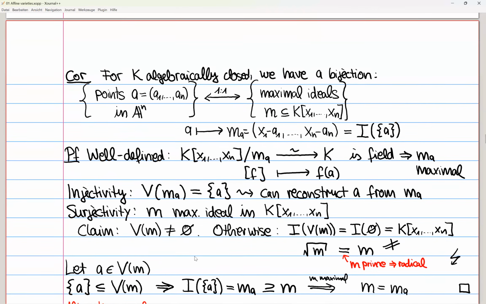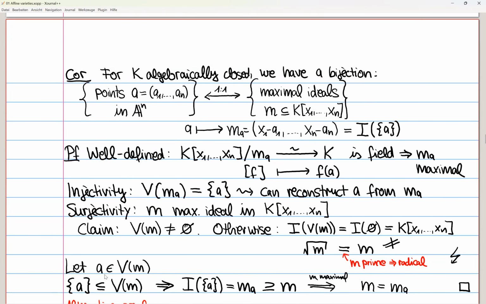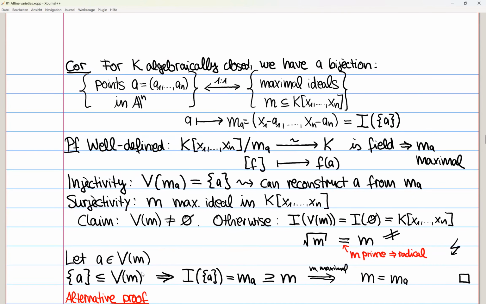So V of m is indeed non-empty, so we can pick any element a here. And then this gives you an inclusion of this set into this vanishing set. And then taking the ideal on both sides gives you that the ideal of a, which is just m_a, contains, so the inclusion reverses, contains the given maximal ideal.